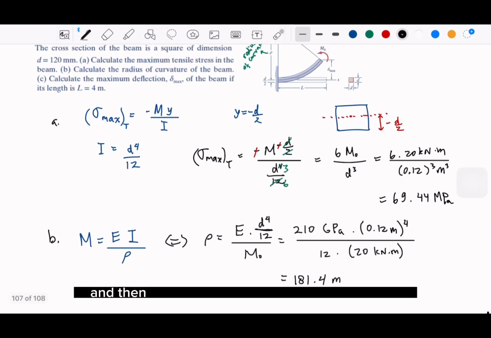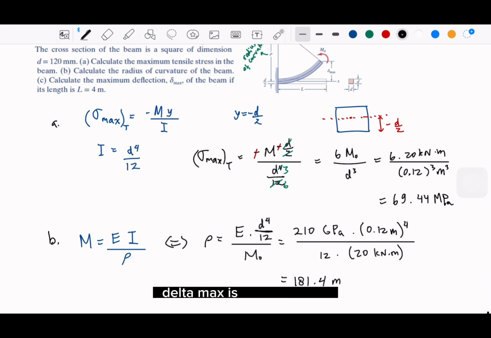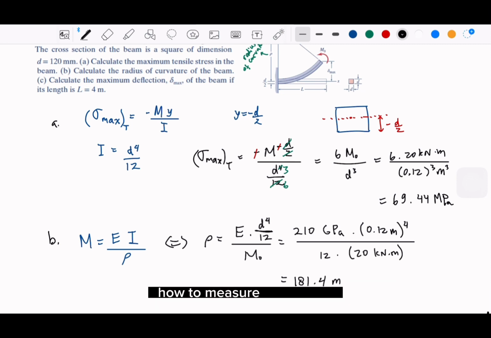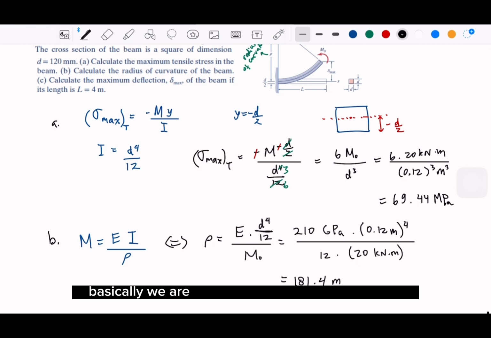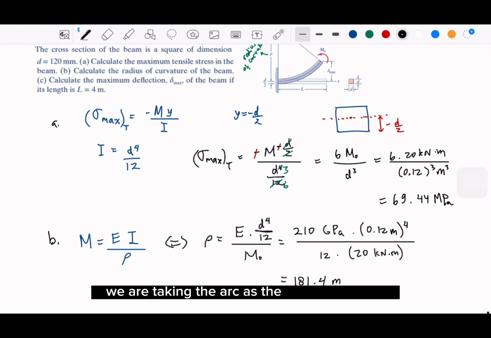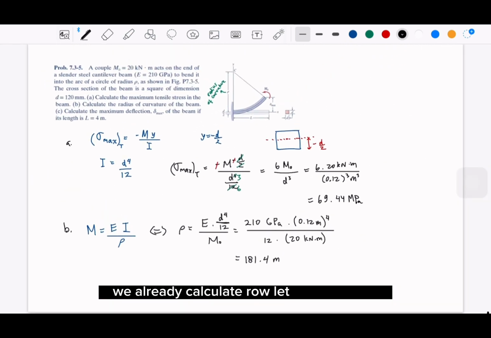And then we need to also calculate the delta max. Delta max is the deflection, the maximum deflection, this one here. From the normal distance, we deflect with some delta. And to measure the delta, we are taking the geometric perspective. We are taking the arc as the length. We already calculated rho.